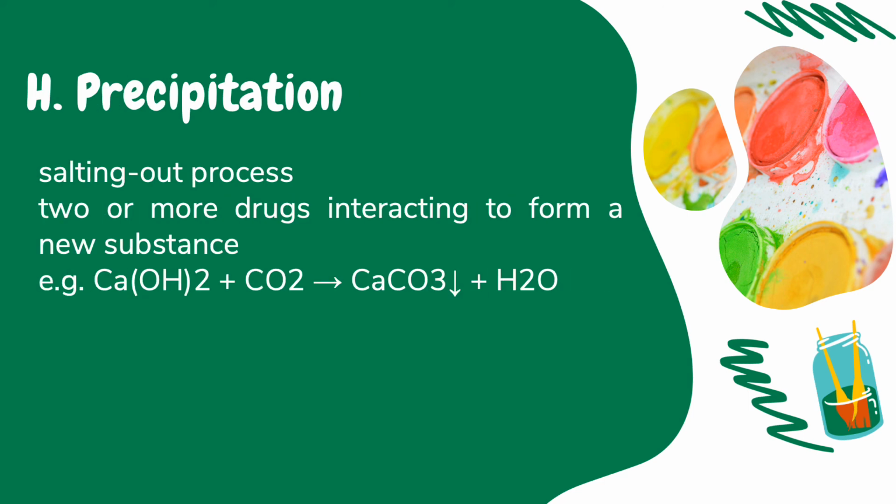The next one is precipitation. There will be a salting out process that occurs between two or more drugs interacting to form a new substance, a precipitate. An example is the formation of calcium carbonate and water from the addition of calcium hydroxide and carbon dioxide.